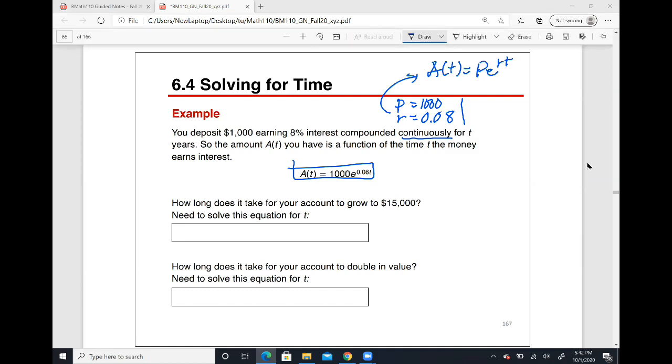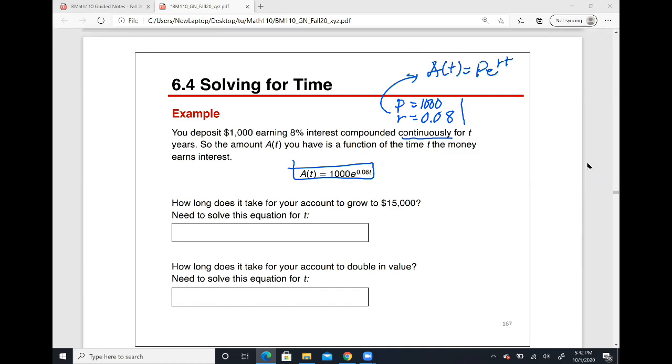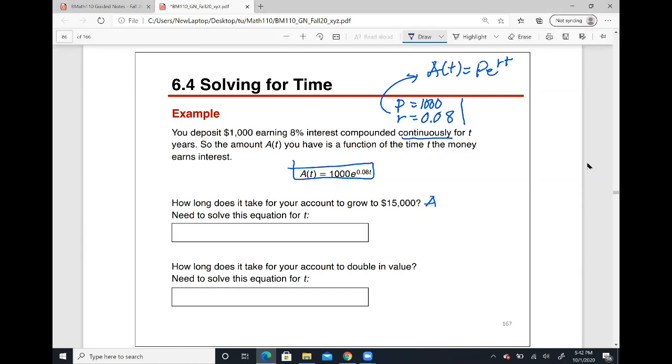So how long does it take for your account to grow to 15,000? So this means the amount you want in the future, right? So I call it the future amount, A(t), now equal to 15,000.